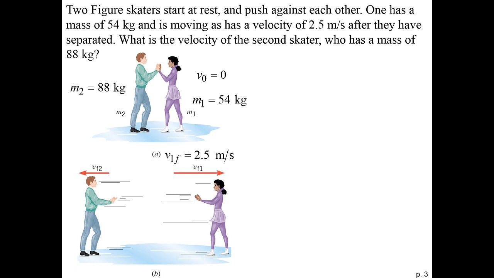So we have our two skaters, and they start out at rest, so the initial momentum is 0. That means that the final momentum also must be 0 because of conservation of momentum. Now we know that the final momentum must be 0, so the sum of the final momentum of one skater plus the final momentum of the other skater must add up to 0.